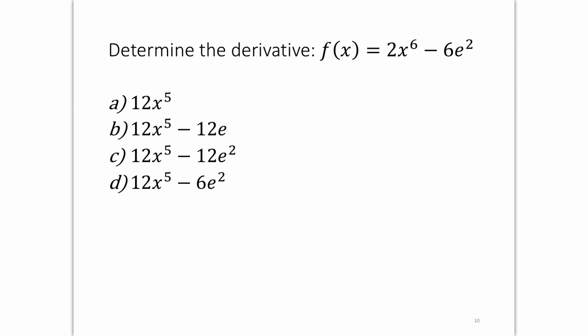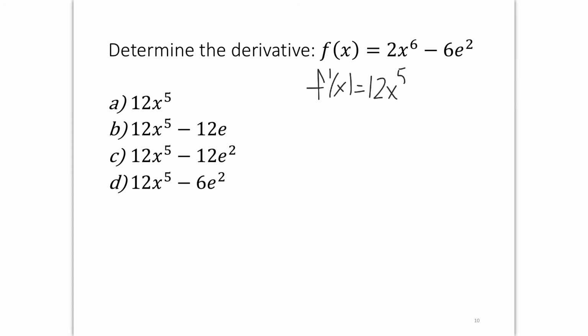Let's try another one. Determine the derivative of f of x equal to 2x to the 6 minus 6e to the 2. Go ahead and pause the video and give it a try. All right, so assuming you gave this a try, this part here definitely gives us 12x to the 5.